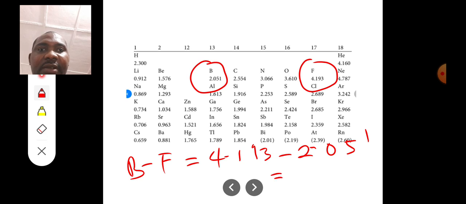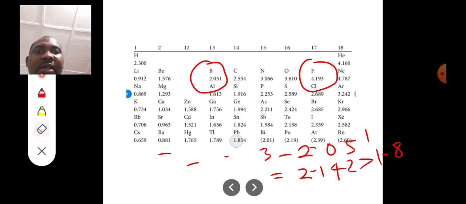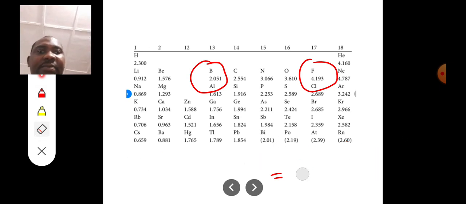I think that is going to give us 2.142. Okay, this is obviously greater than 1.8. So the bond between boron and fluorine is an electrovalent bond. Okay, let's proceed.